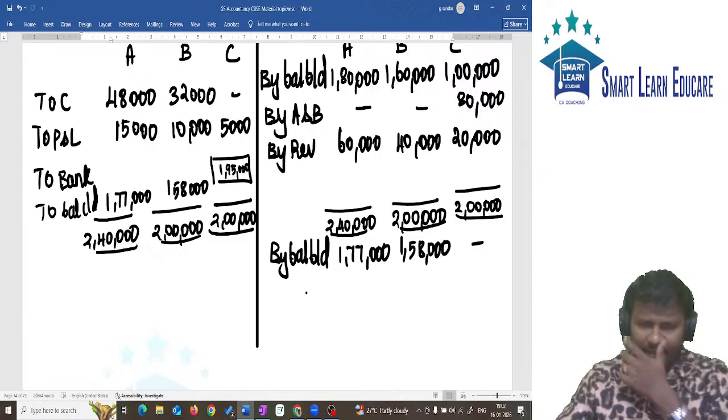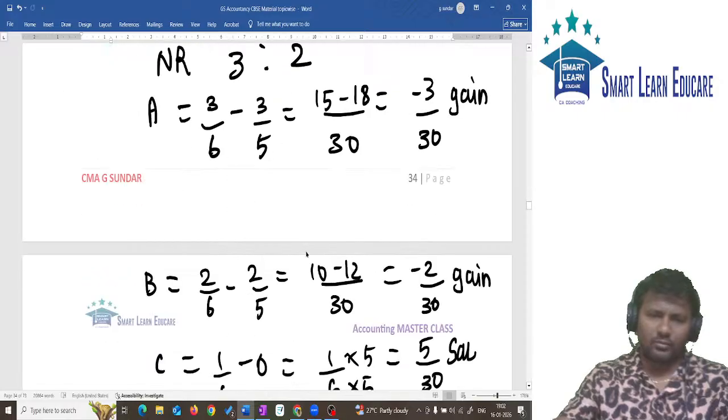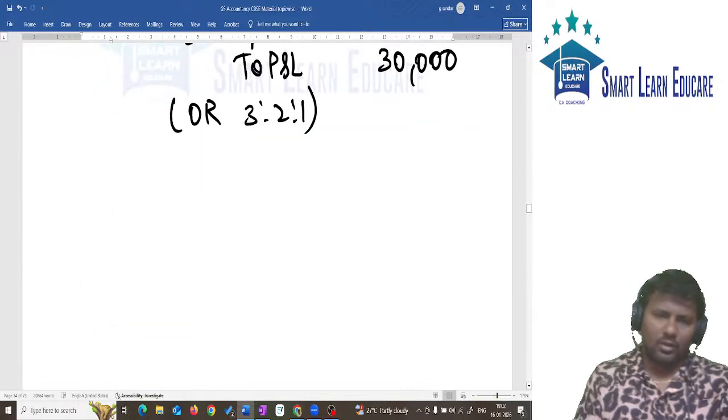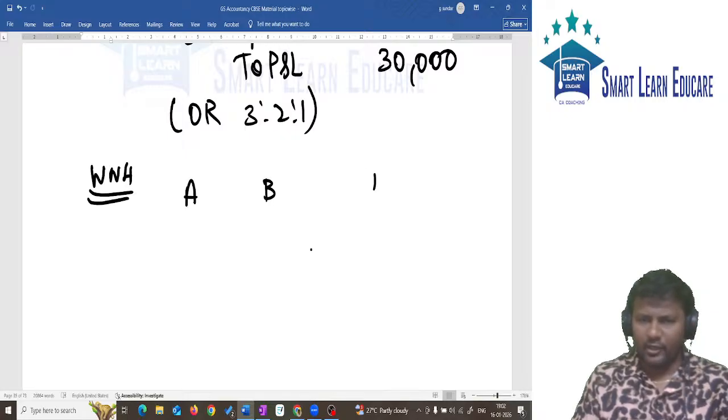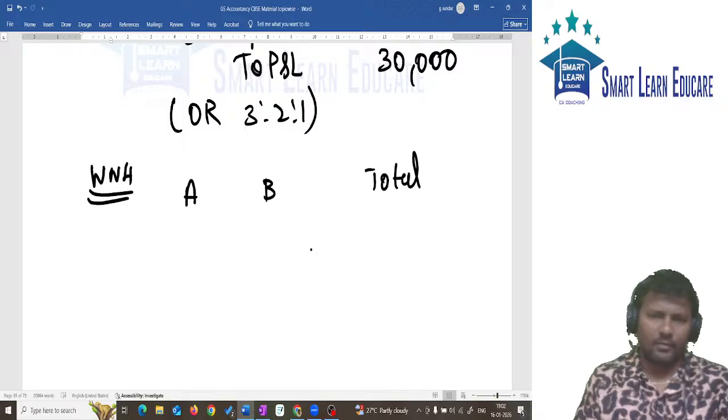Now listen friends, have a working note. Working note number 4. A capital, B capital given, and you have one more column for total capital.